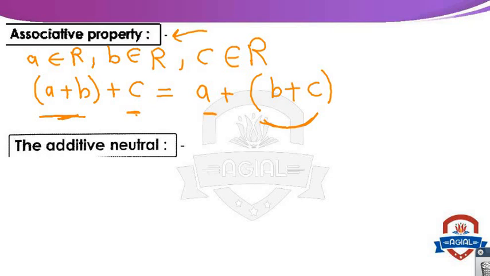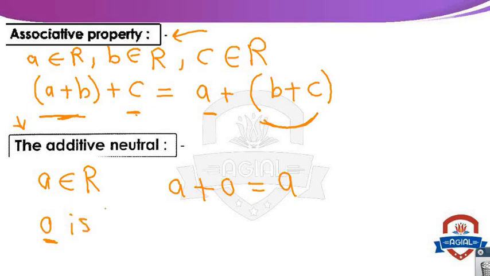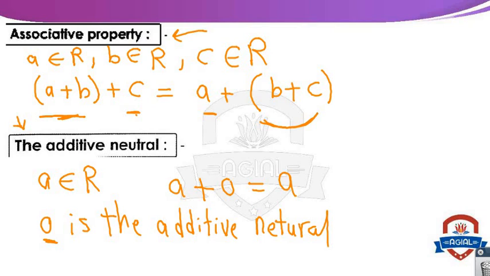The additive neutral is the fourth property of addition of real numbers. A belongs to R. If we add A to 0, it will be the same number, A. So 0 here is the additive neutral.